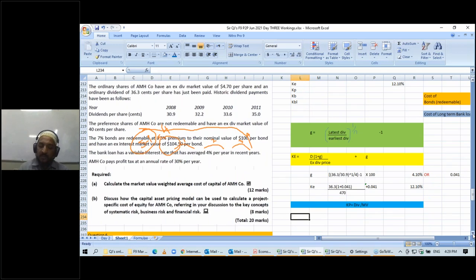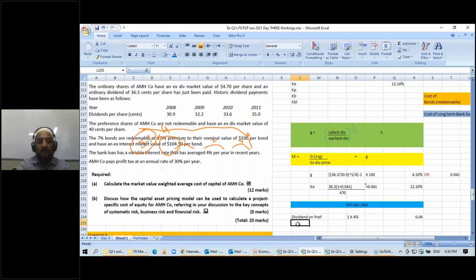So take 4% of the face value. Dividend is always calculated on the face value. So $1 is the face value. Multiply it by 4%, and you arrive at the dividend which will be paid on the preference shares, which is equal to 0.04.